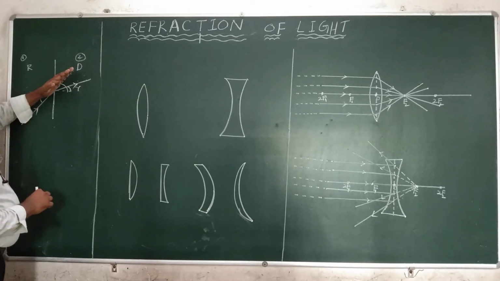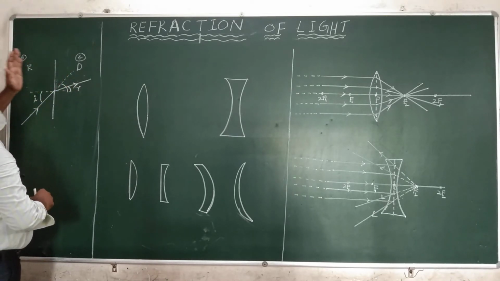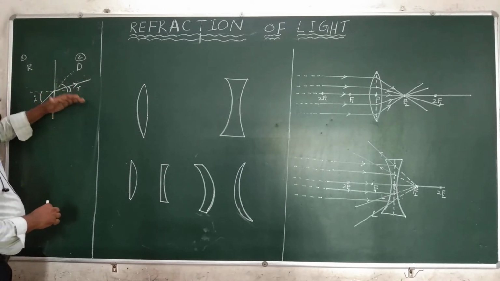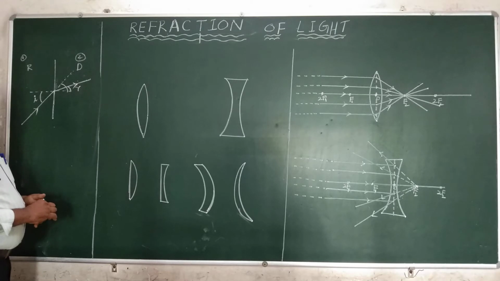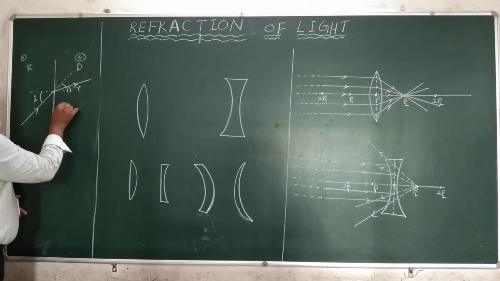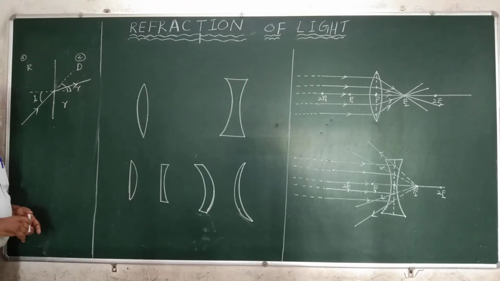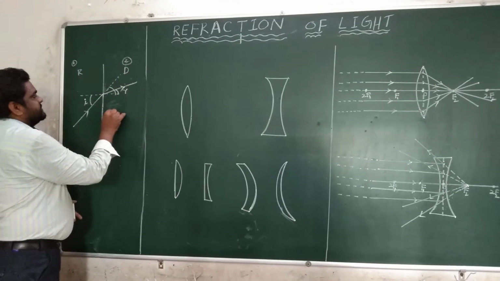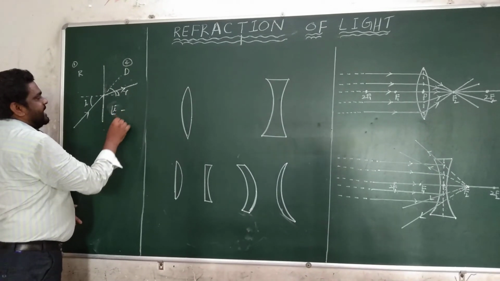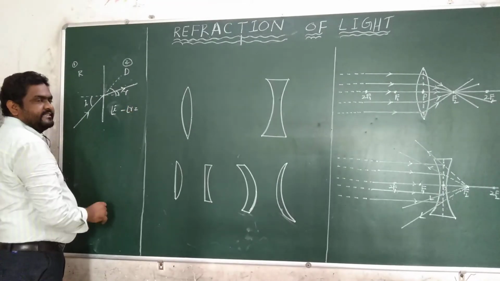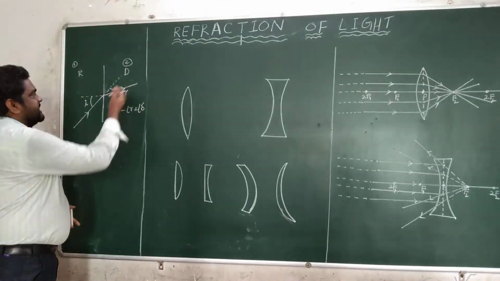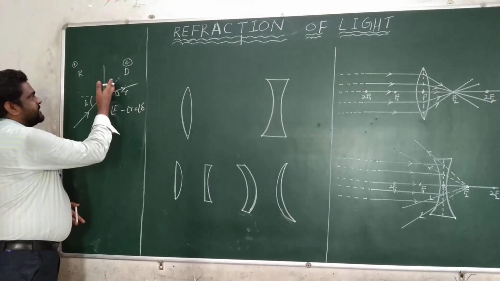So the actual path of the light is like this. The light travels from the rarer medium to the denser medium and bends towards the normal. Due to that, the angle of refraction is less than the angle of incidence. So angle i minus angle r is the angle of deviation, the angle by which the refracted ray deviates from its original path.